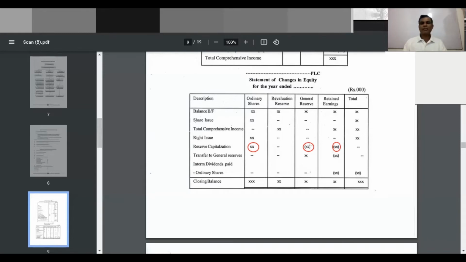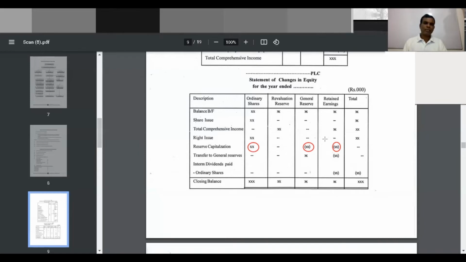The journal entry is retained earning account debit 900, general reserve account debit 100, total credited to ordinary share account or stated capital account.